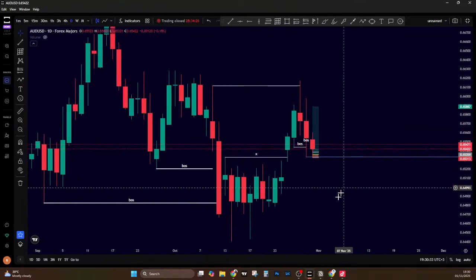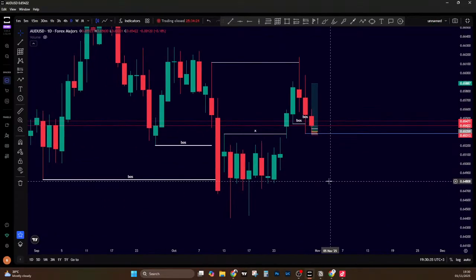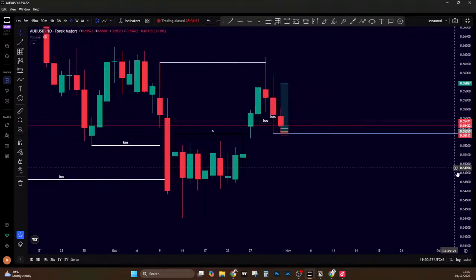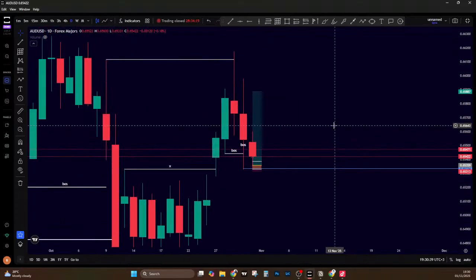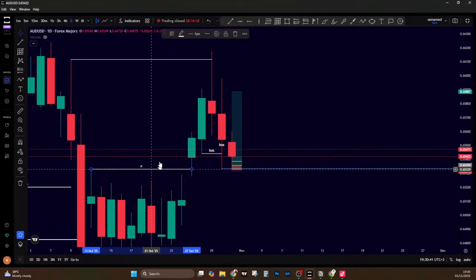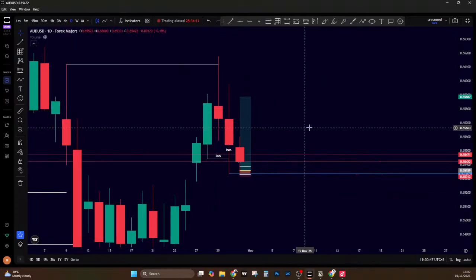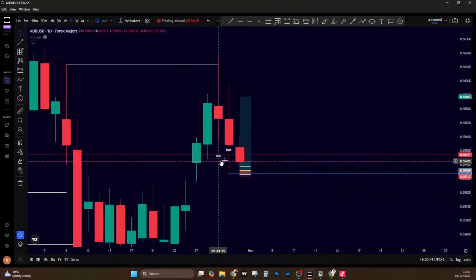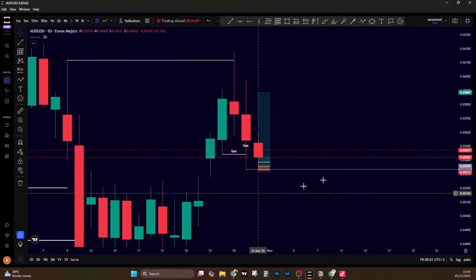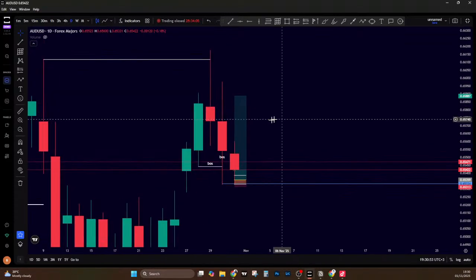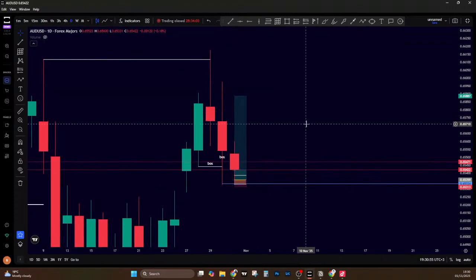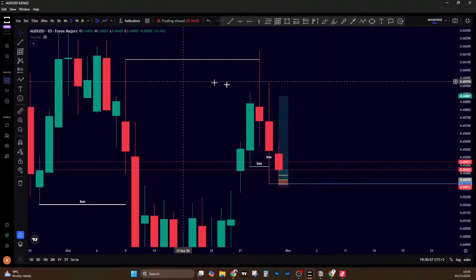So look at this, we had a BOS here, so I think we can remove that. We had a BOS here to the downside, but I cannot see any area of interest here.